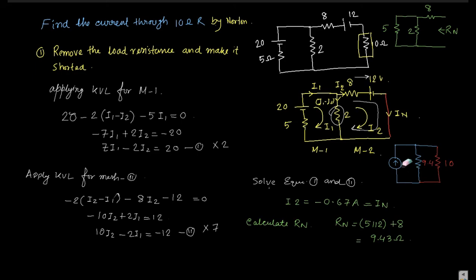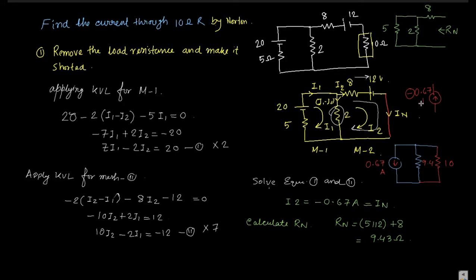Now we should make the polarity of the circuit like this. So we can write it as 0.67 ampere. If you take the polarity like this, then you should write minus 0.67. This minus denotes the original direction of the current source.